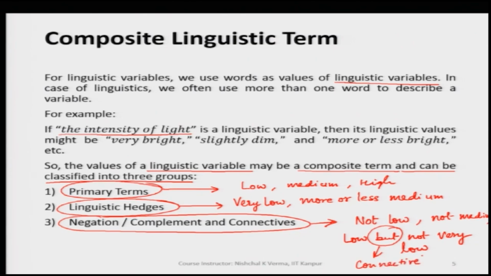This way we have some composite terms, and these are basically divided into three groups. First group is primary terms, second group is the linguistic hedges, and the third group is the complement and connectives.